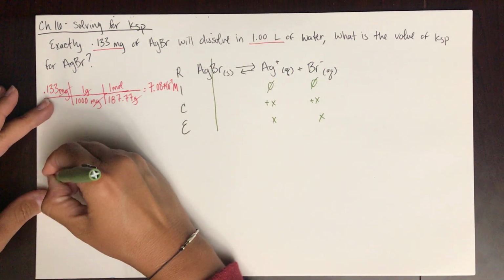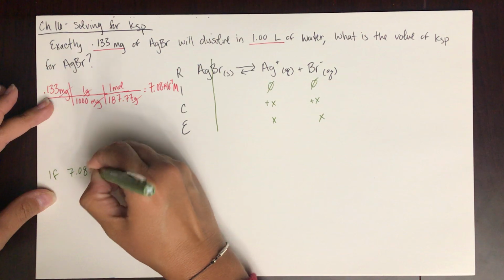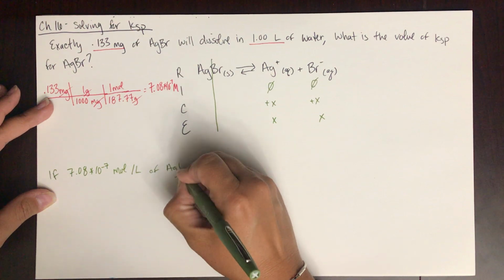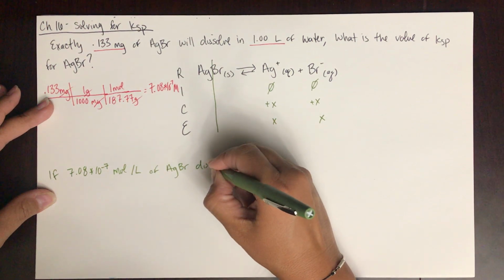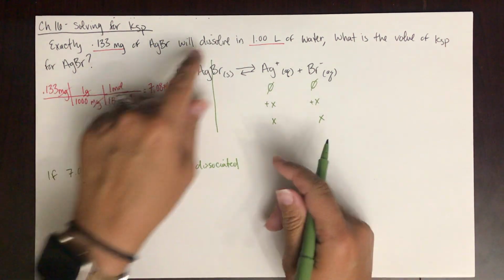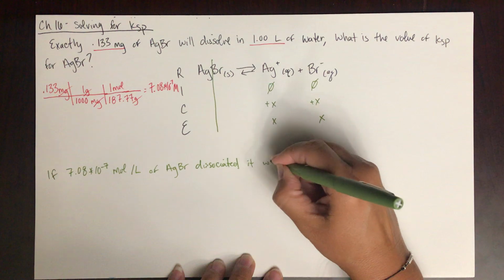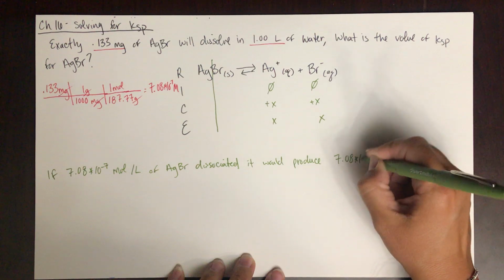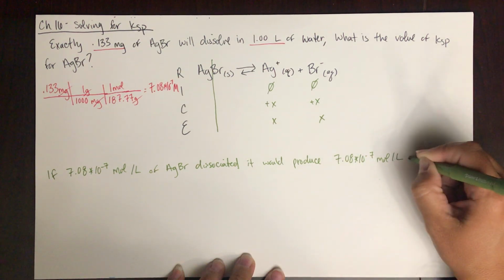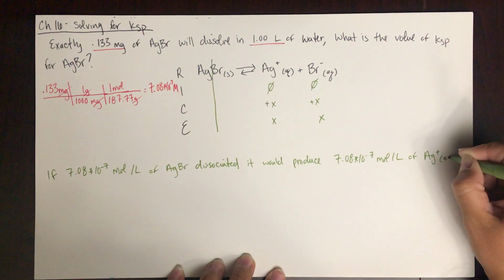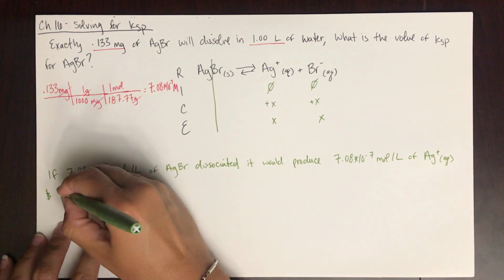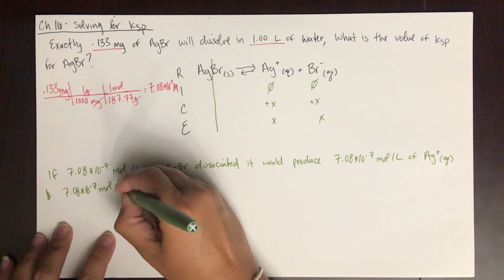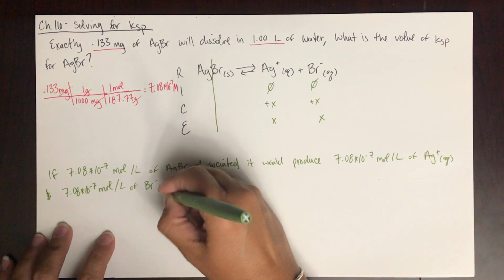So if 7.08 times 10 to the negative 7th moles per liter of silver bromide dissociated, which is what this says, that's how much dissolved, it would produce 7.08 times 10 to the negative 7th moles per liter of silver 1 ions and 7.08 times 10 to the negative 7th moles per liter of bromide ions.